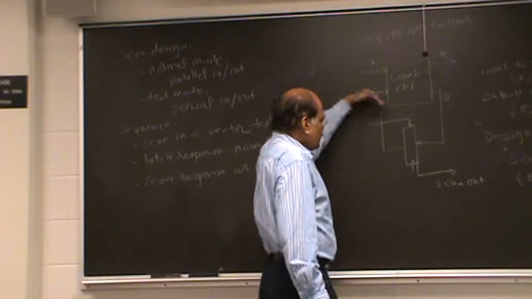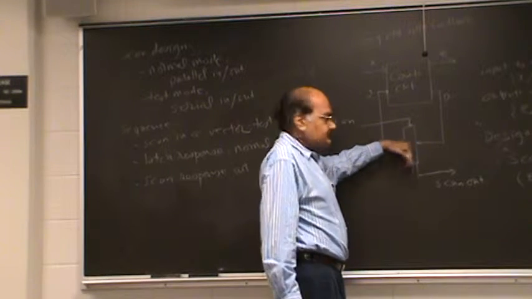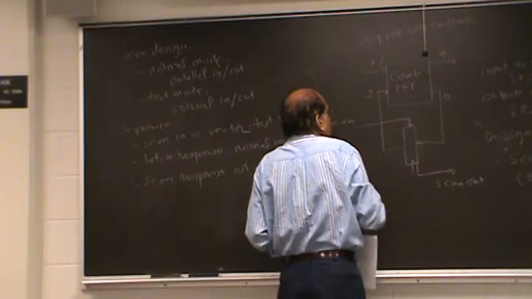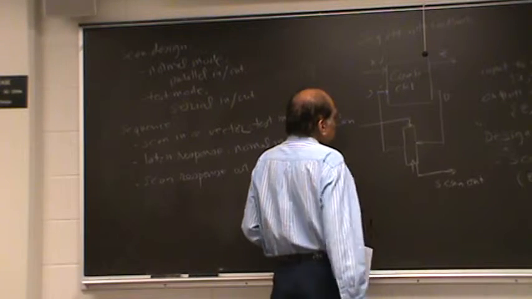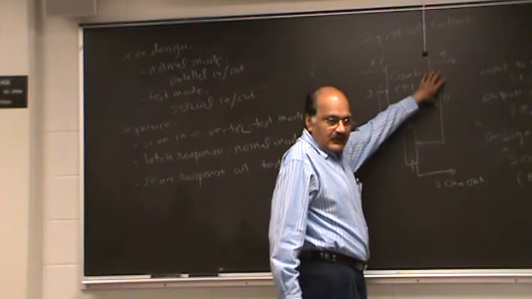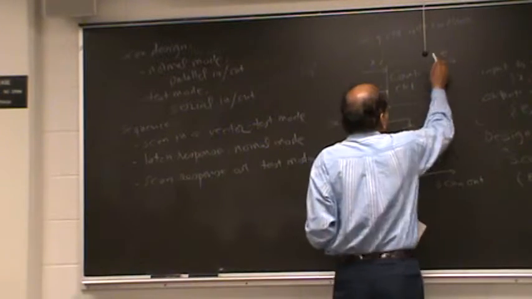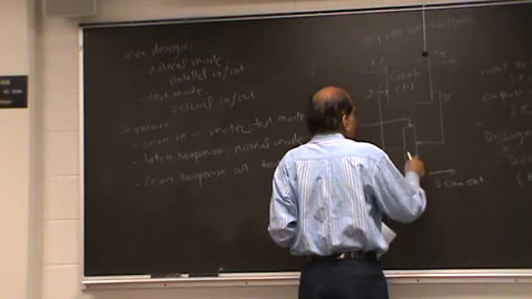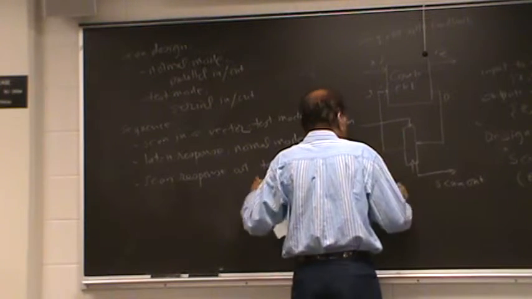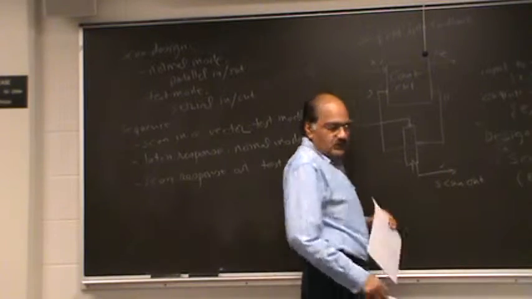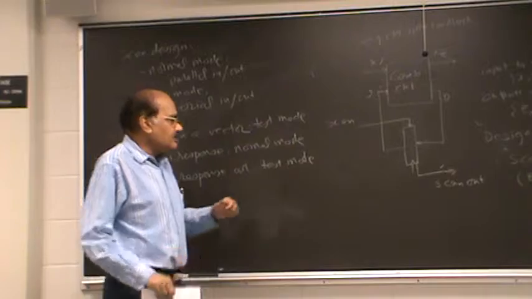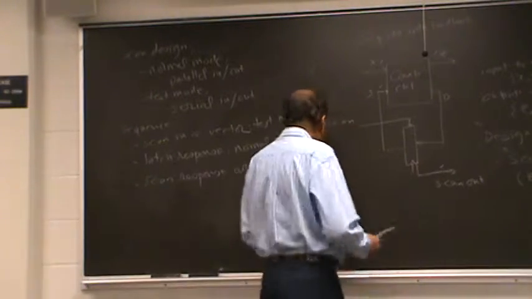So, scan in some values, and these are of course externally controllable anyway, so now you have scanned these values in, and then let it run for one clock period. Output will be available here, and these are going to be latched here, and then you will scan it out, so you will be able to get the state variables out through the scan out path.